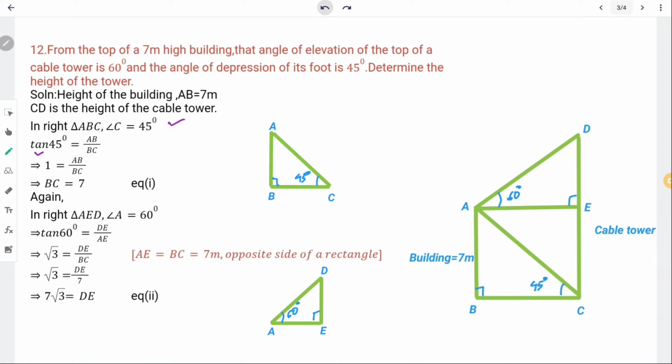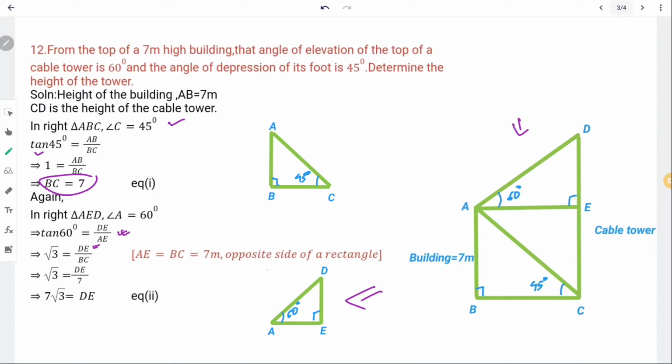Once again, let's take the other upper right triangle here, AED. They've given us the angle as 60 degrees. Then tan of 60 degrees is perpendicular by base again, so DE by AE. Tan 60 degrees is root 3. Then DE, just leave it as it is. But in equation 1, we got BC equal to 7 meters.